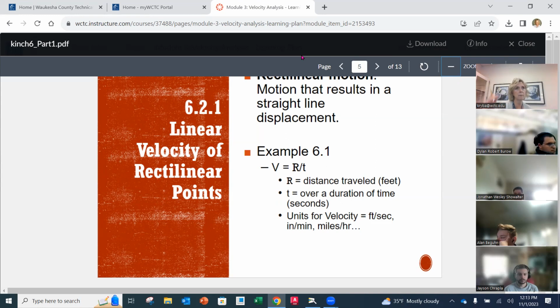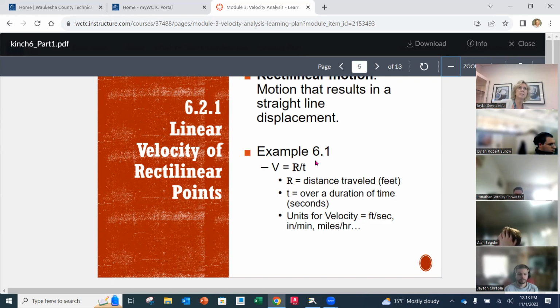In our problem, we have to line these things up. They want us to determine the velocity. As we read the problem, the distance they're speaking of is the 25 feet they're giving us, and the time is the 40 seconds.